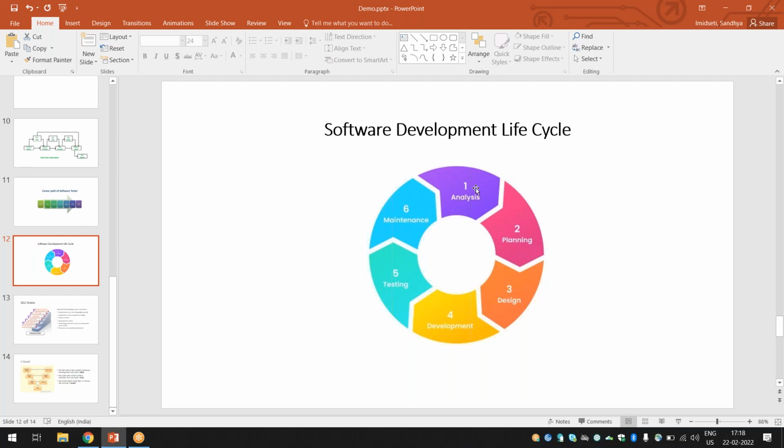Our goal is that the cost of fixing defects will be very low when we identify those incorrect things during early stages of the software development life cycle, right?